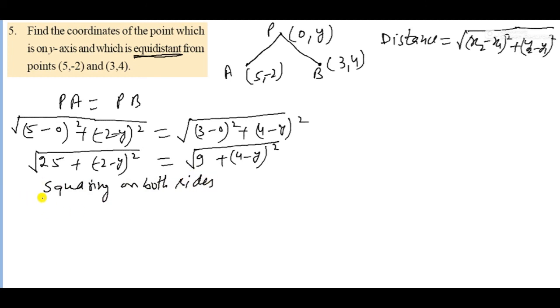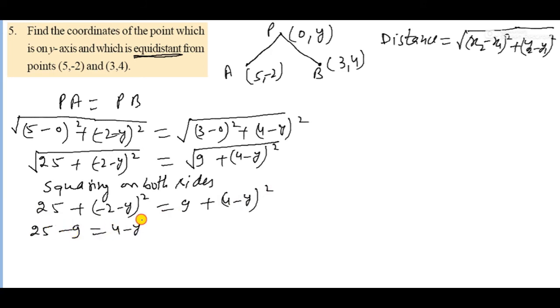Now applying the distance formula, everyone knows the distance formula. Distance is equal to the square root of (x2 minus x1) whole square plus (y2 minus y1) whole square. P is (0, y) and A is (5, -2).